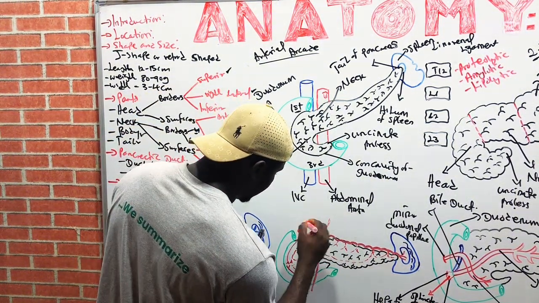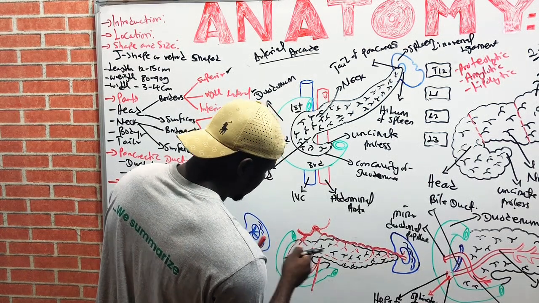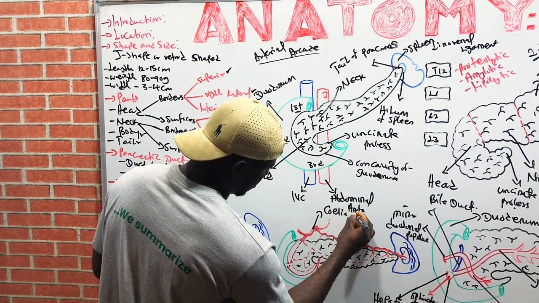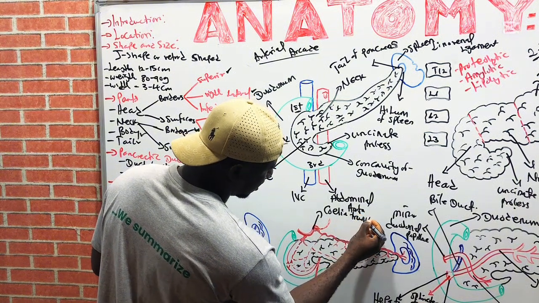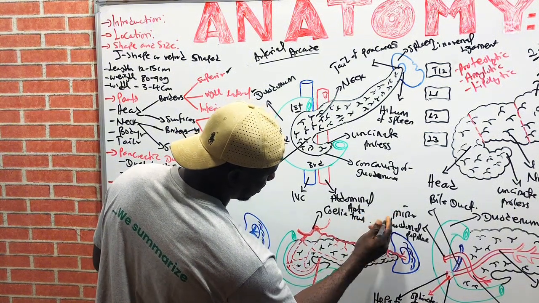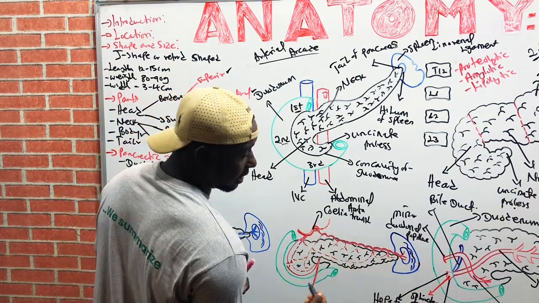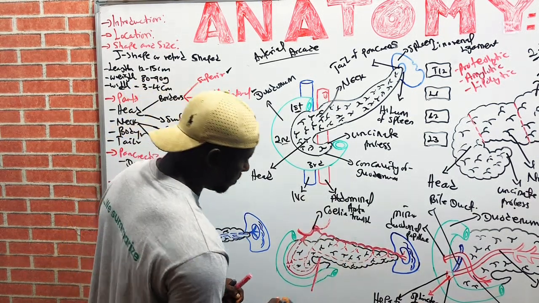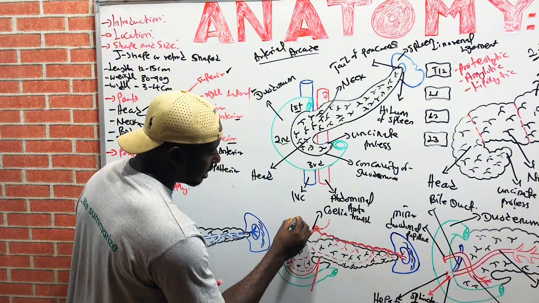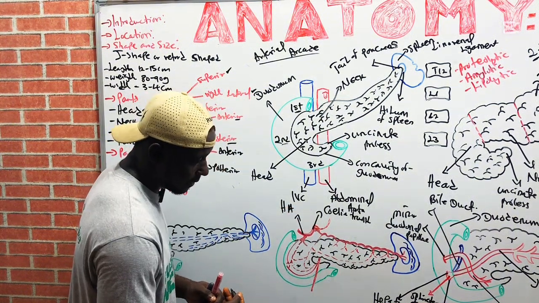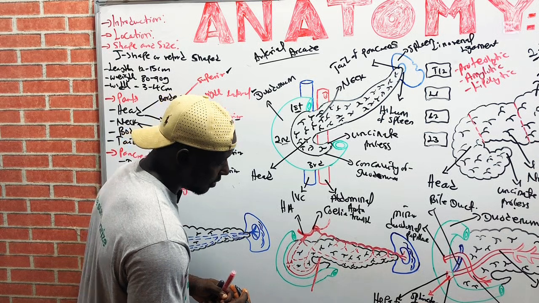So this is the celiac trunk, right? This is the left gastric artery. We don't need it, it's for the stomach. So this is the hepatic artery, right?